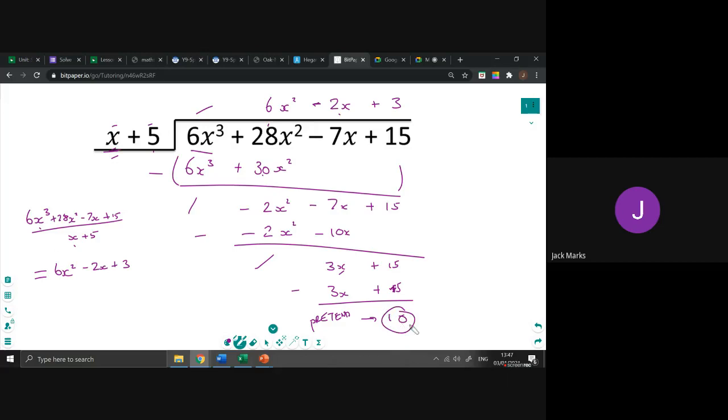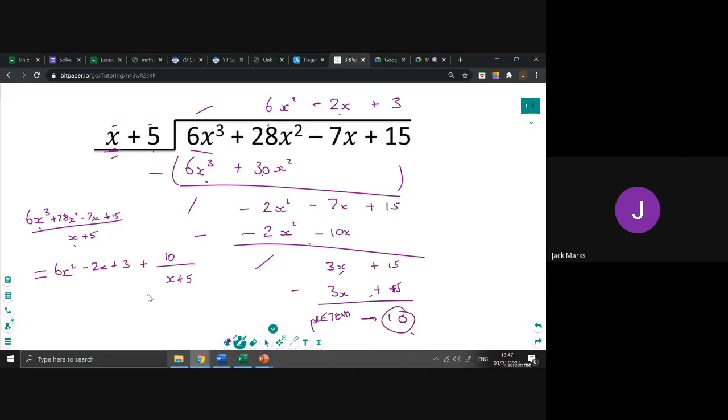What would you do in this situation? Well, 10 would still need to be divided. You still need to keep doing the process. So you'd have to do 10 divided by x plus 5. Well, we haven't really talked about how to handle this situation. So actually, that's how you would leave it.